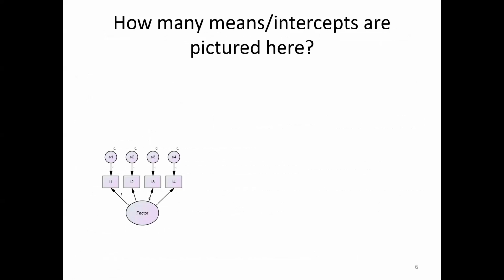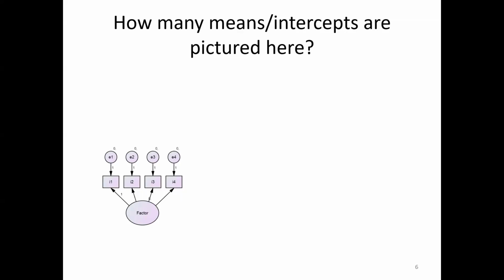Four intercepts. So we've got one mean and four intercepts. How many actual pieces of mean information do we have? Four. So in this simple little model, there is no way to actually estimate the factor mean and the four item intercepts, or the four indicator intercepts.